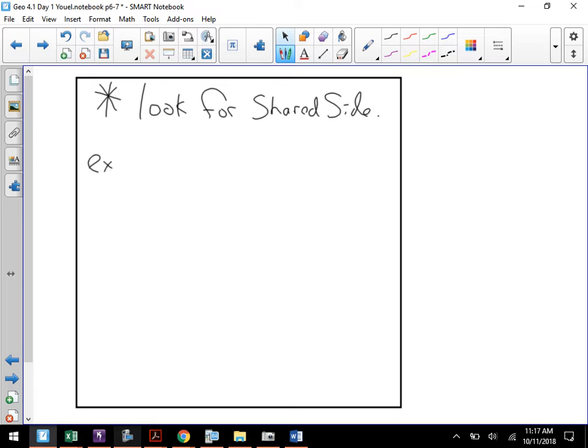For example, we have a triangle. Label it real basically A, B, C, and D. Do you guys agree by looking at that picture that the segment BD is shared between the 2 triangles, the triangle on the left and the triangle on the right? You okay with that? Okay.